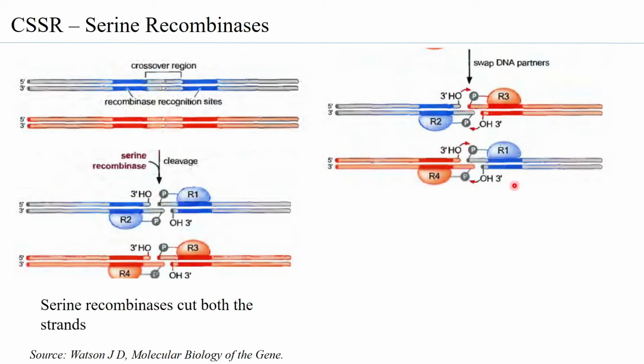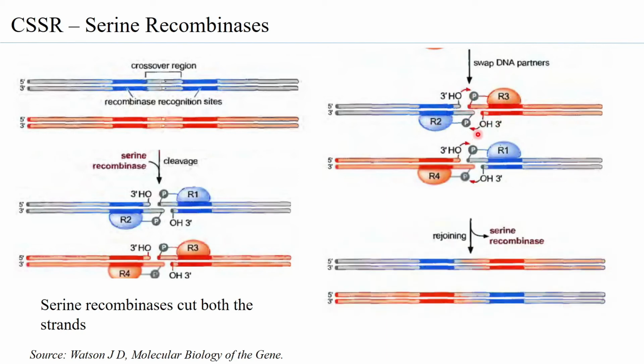So you have a joining between the R4 containing DNA and the R1 attached DNA, and here you will have between the R2 attached DNA and the R3 attached DNA. So therefore now the joining is going to eventually lead to exchange of genes. Very clearly that you observe here, you can see that this is a specific combination, and now you have a recombination that has happened, and that's thanks to serine recombinase.